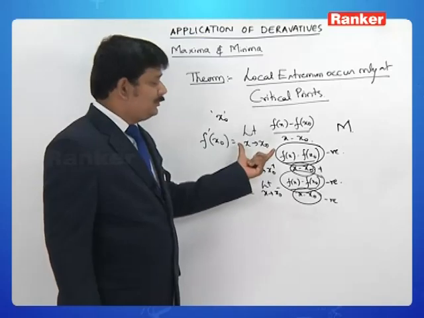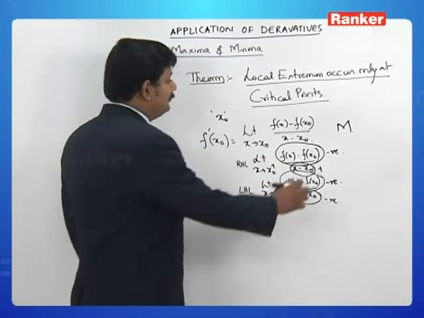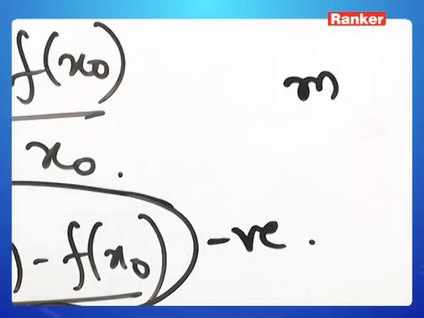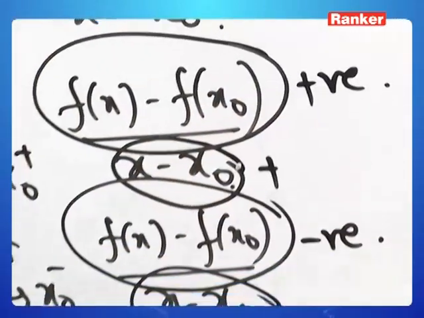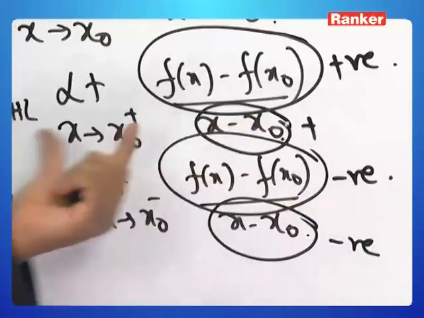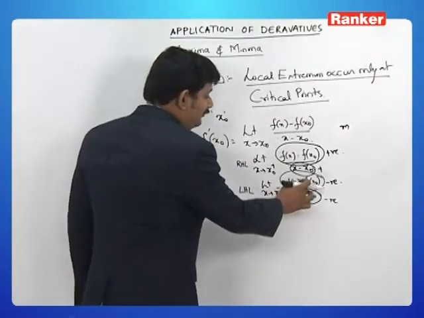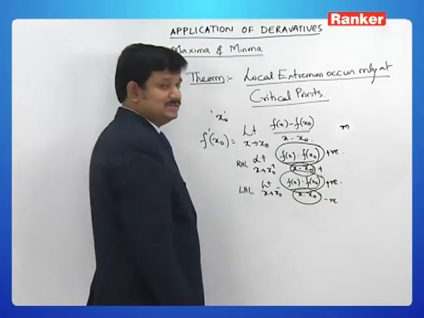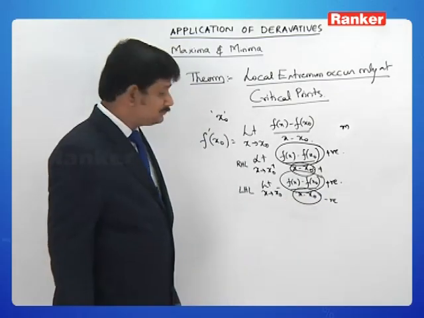Similarly, for the discussion of minima, if x naught is a point of minima, f of x minus f of x naught is positive, x minus x naught is positive in the right hand limit; f of x minus f of x naught is positive, x minus x naught is negative in the left hand limit.